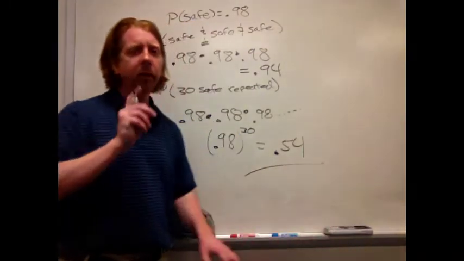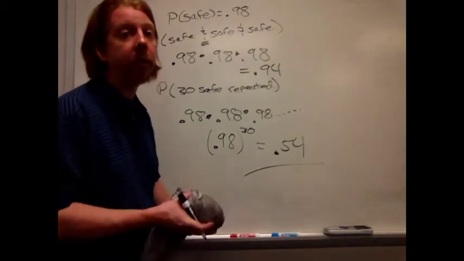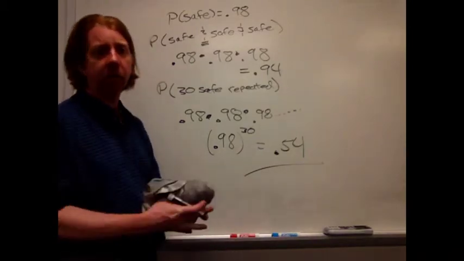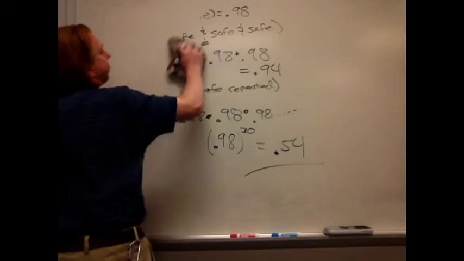I'd like to look at one last example to close this whole thing up in order to look a little more at the kinds of questions you're going to see on the homework and on the test.